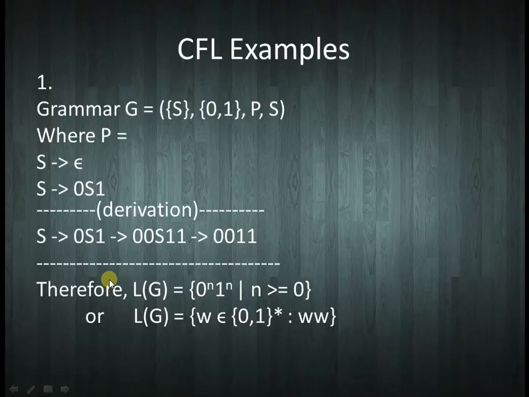Therefore, L(G) is equal to 0 raised to n, 1 raised to n, where n is greater than or equal to 0. Or, L(G) accepts a string W with terminals 0, 1, or empty, where the number of zeros and ones are equal.